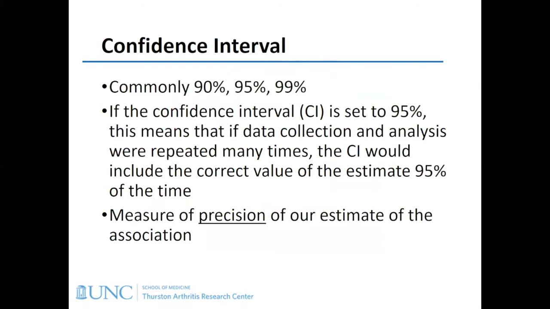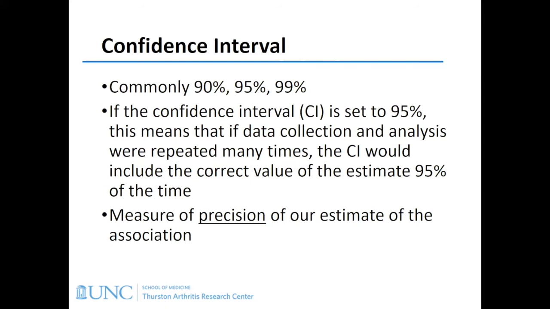And then for confidence intervals, I want to bring this up because I think it's often a source of confusion. There are a few different ways we can define the confidence interval, commonly at 90%, 95%, or 99%. Probably what I see the most in the literature is 95%.